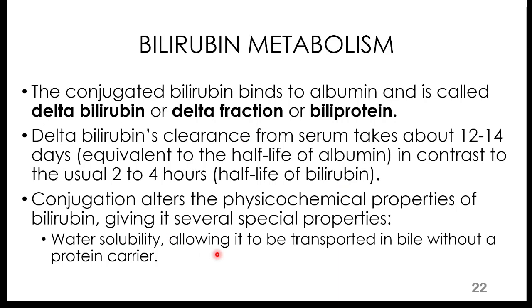We said conjugation is the addition of glucuronic acid to the bilirubin molecule. So this gives the bilirubin several properties. One is water solubility. This allows it to be transported in bile without a protein carrier.